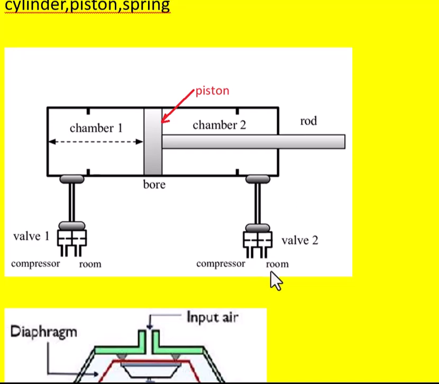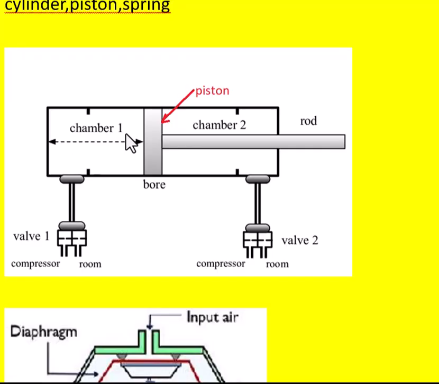Initially, valve 2 is closed and valve 1 is open, so that this control valve 1 provides the high pressure air to the chamber 1.